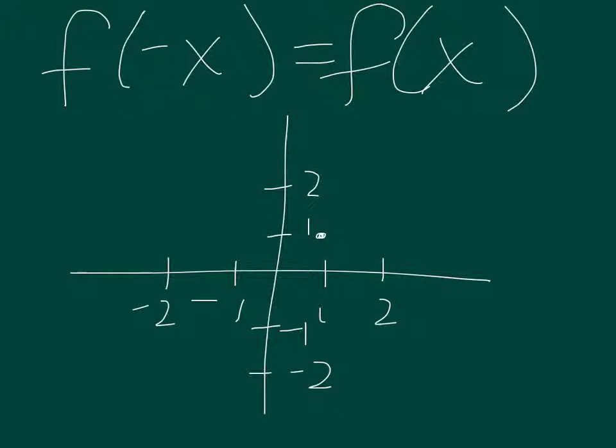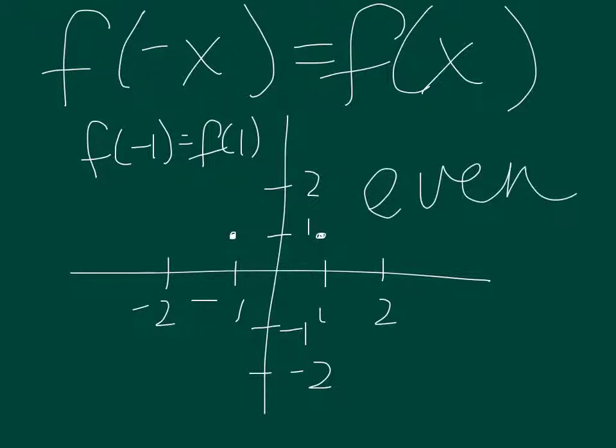It would mean that in order for you to be able to have a point at f of negative 1, f of negative 1 must equal f of 1. So the y value for x must be the same as the y value for negative x. This is what makes a function even.